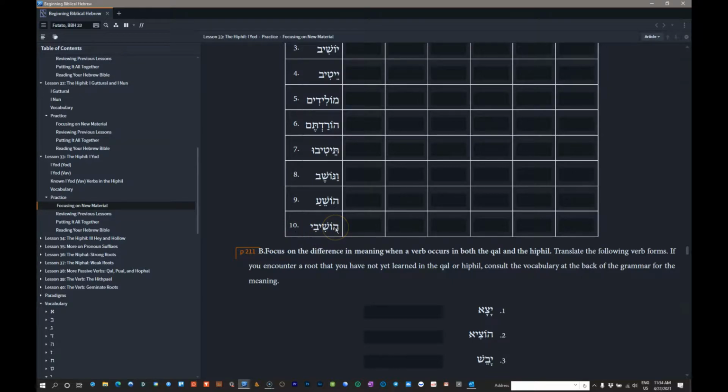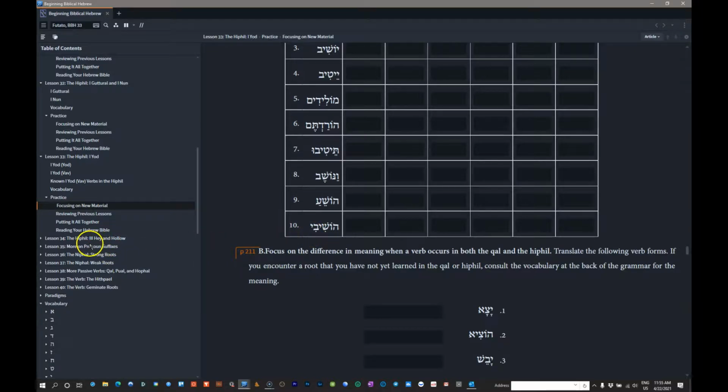So this one we know is an imperative. It's not perfect because in the perfect, well, okay. There's a chance this could be perfect if the hireq yod were like an object suffix, maybe.